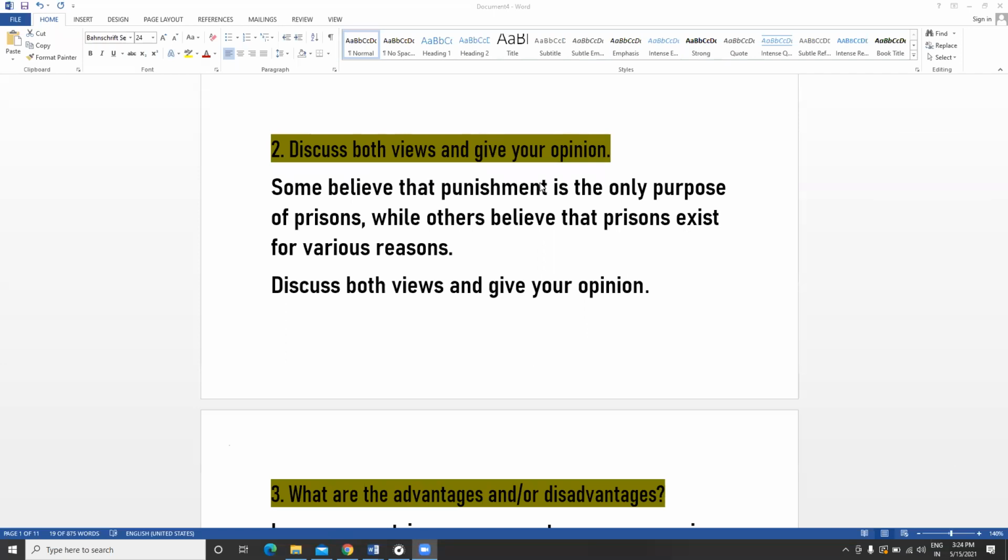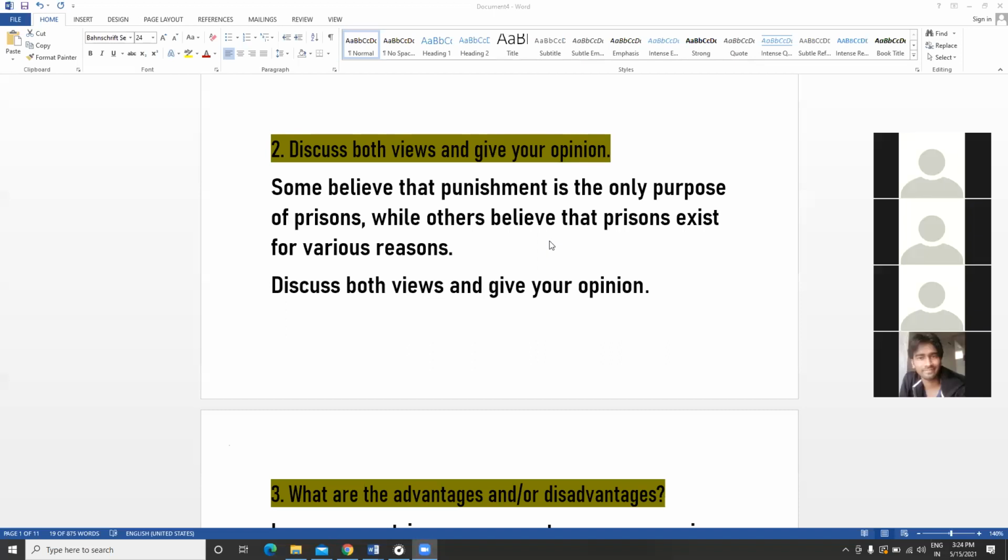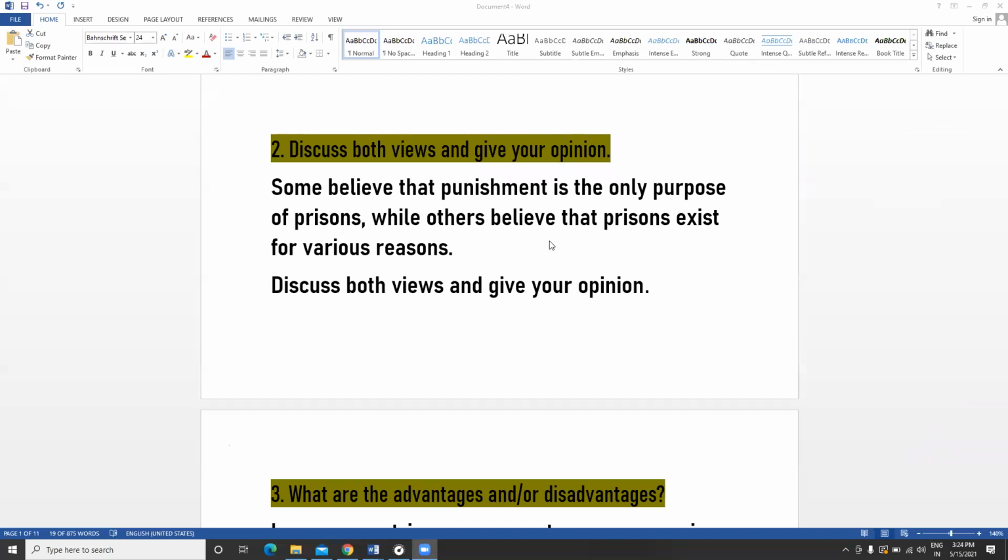What we generally prefer is that the first viewpoint is discussed in body paragraph 1, the second viewpoint in body paragraph 2, and your opinion should be given in your introduction and in your conclusion as well. So make sure your opinion is given in the introduction and in the conclusion.